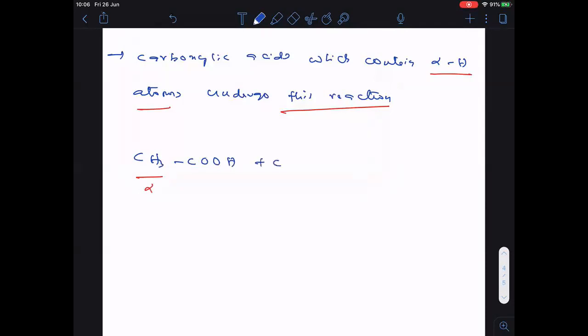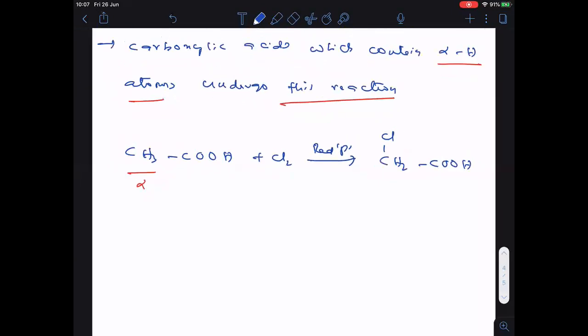When this is treated with chlorine in presence of red phosphorus, in every step chlorine will displace an alpha hydrogen. So CH2ClCOOH is formed. First of all, it is called monochloroacetic acid.